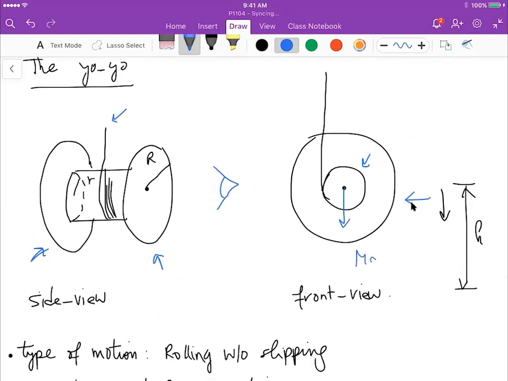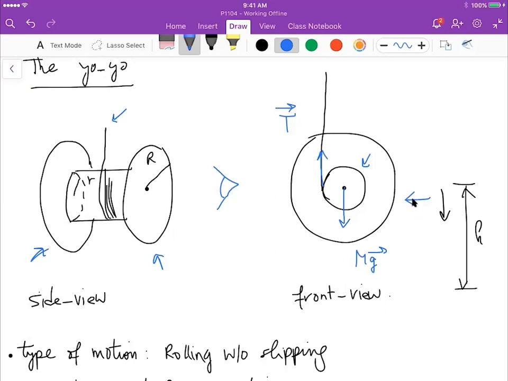So I will just call it mg, where m is the mass of the yo-yo. And then you have the only other force acting on this object, the tension in the string. This is the other force, T. And of course, it points upward, along the string. Okay, so these are the forces acting on this yo-yo.